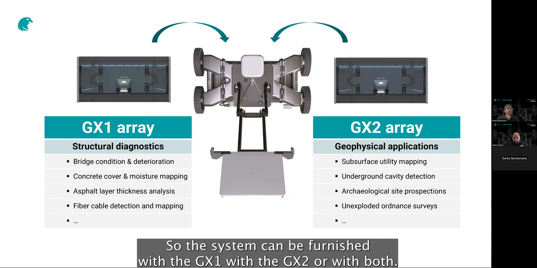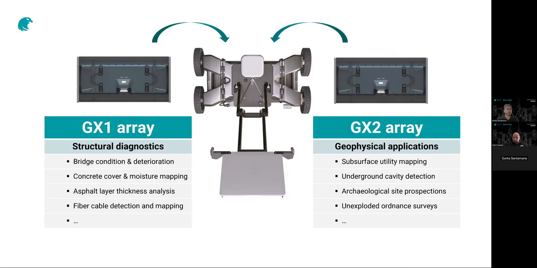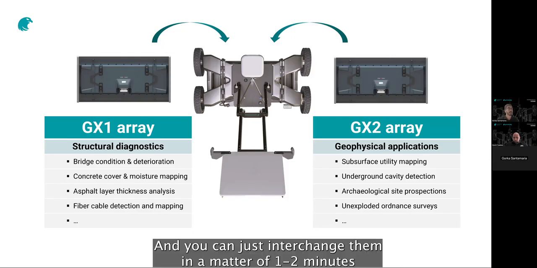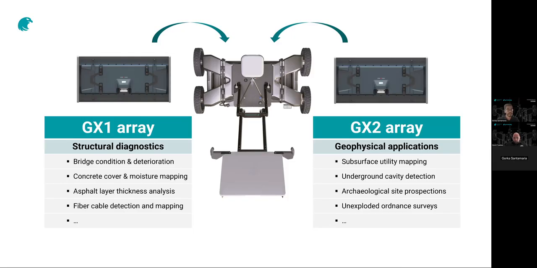So the system can be furnished with the GX1, with the GX2, or with both. And you can just interchange them in a matter of 1 to 2 minutes very easily.